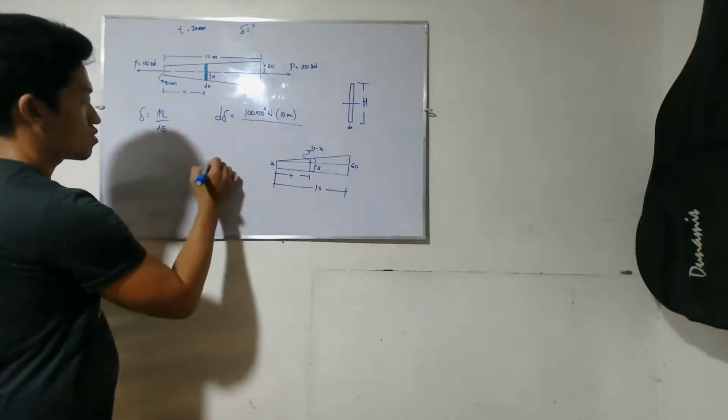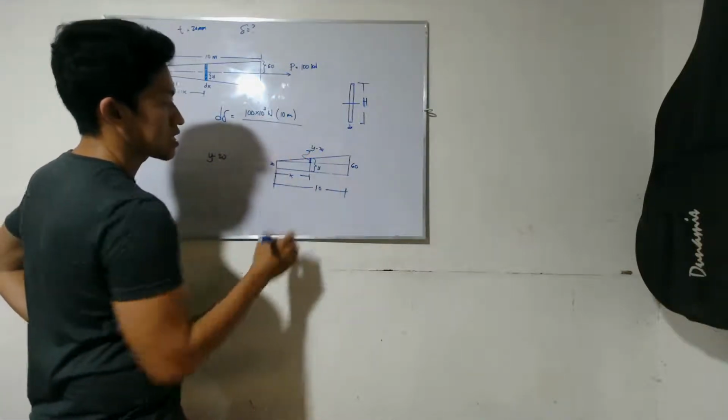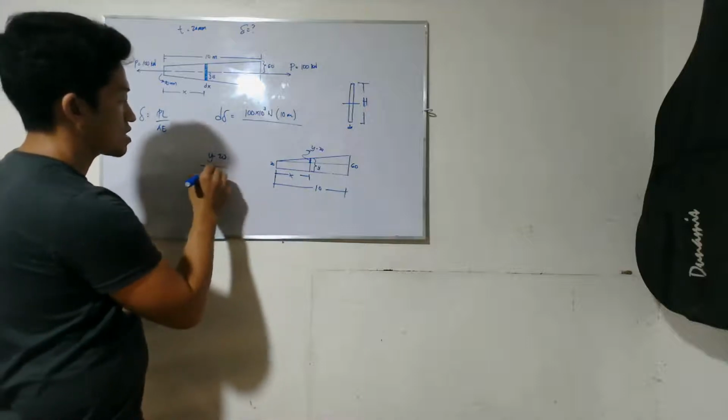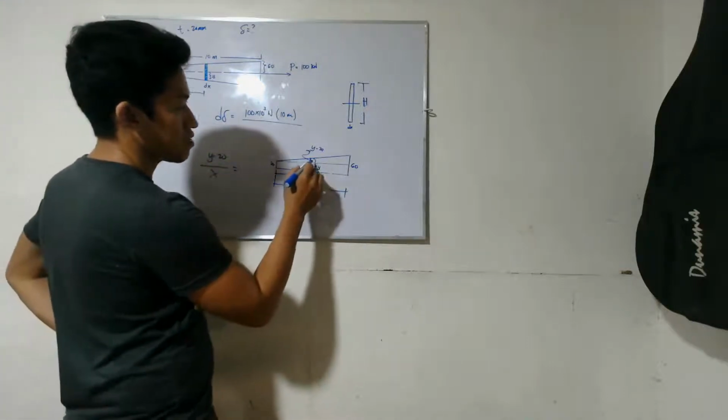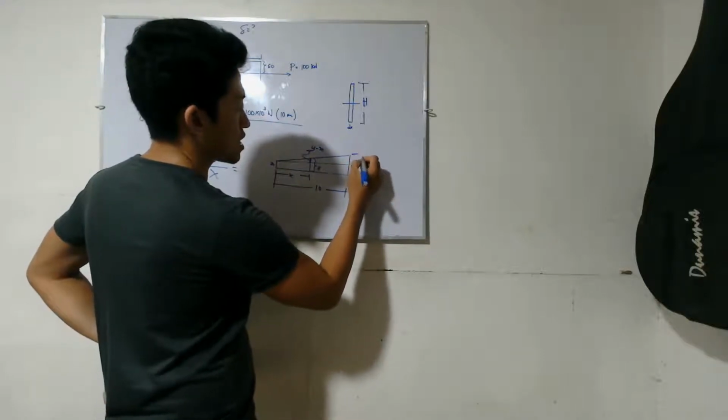So y minus 20 over x is equal to, what is this length?